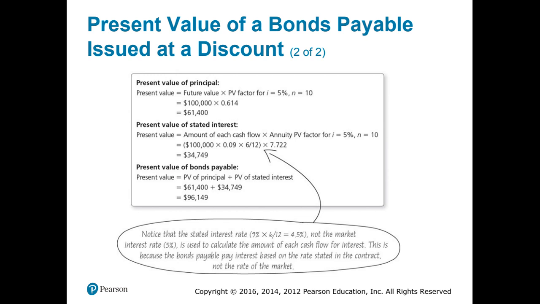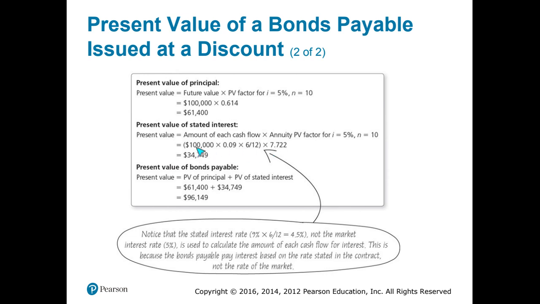Present value of stated interest. The present value equals the amount of each cash flow times the annuity present value factor for the interest, which is 5%, and the number of periods is 10. We looked and found that the annuity factor is 7.722.